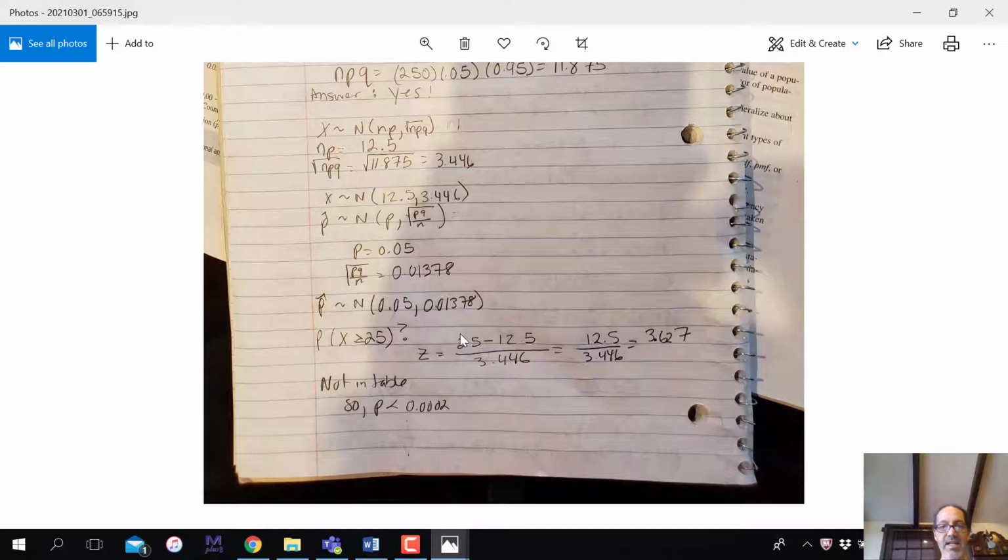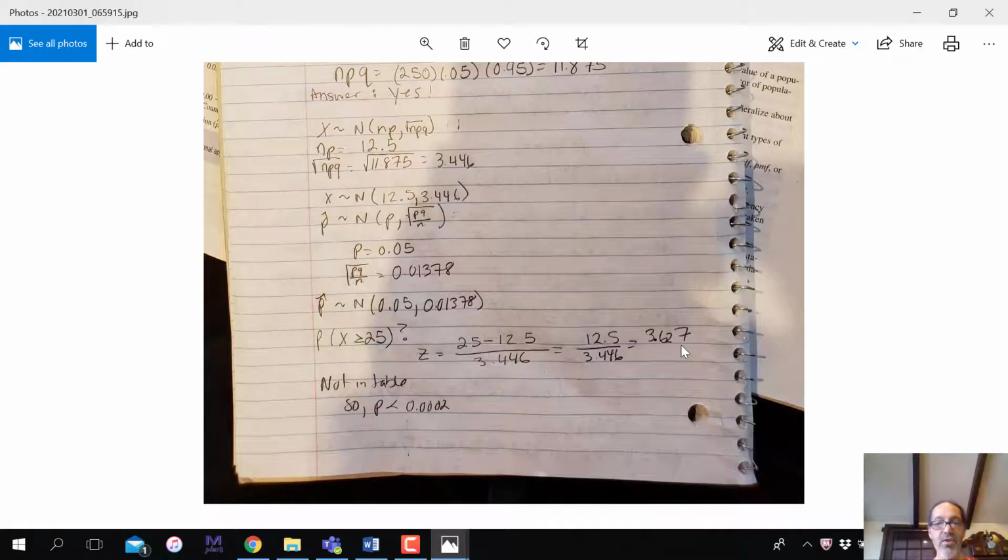Our value is 25 successes, minus our mean of 12.5, divided by our standard deviation of 3.446. We just calculated those. So that's 12.5 divided by 3.446, or 3.627.